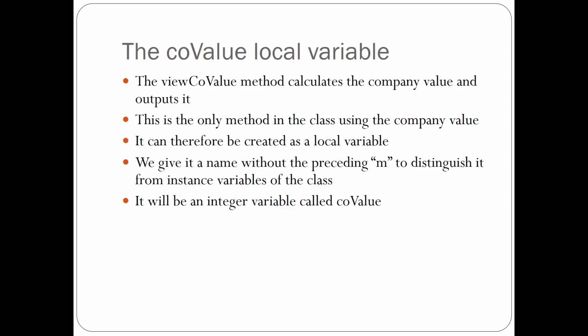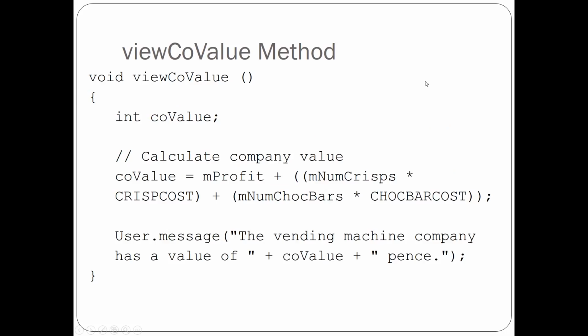We don't need to follow that hard rule we've established ourselves, in that variables at the top of the class have an m to define them as member variables. But local variables don't live as long as the program's running, so we can just use our own naming convention. In this case, we're going to use an integer variable called coValue, and we're going to declare it locally in our method.